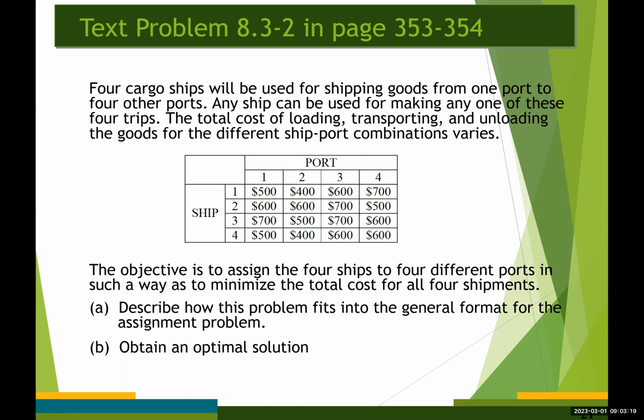Any ship can be used for making any one of these four trips. However, because of differences in the ships and cargoes, for example, the total cost of loading, transporting, and unloading the goods for the different ship-port combinations varies considerably, and they are shown in this table. Our objective is to assign these 4 ships to the 4 different ports to minimize the total cost for the 4 shipments.